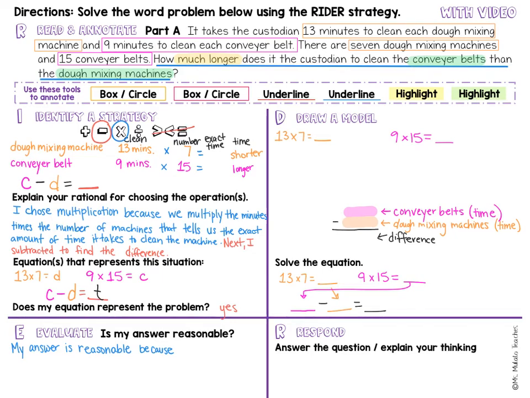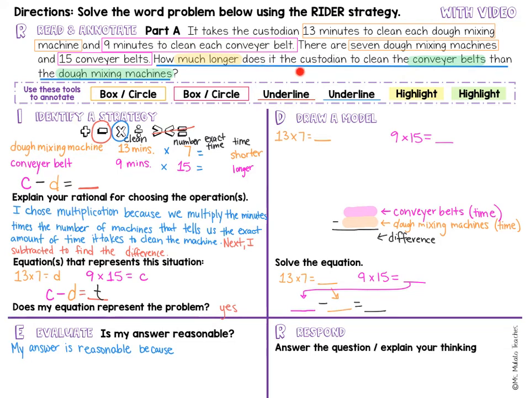The last step we have is R, respond. Answer the question, explain your thinking if the problem asks you to. So we're going to go back up to the top and look at the question that we underlined. How much longer does it take the custodian to clean the conveyor belts than the dough mixing machines? You're going to write your answer in a sentence.